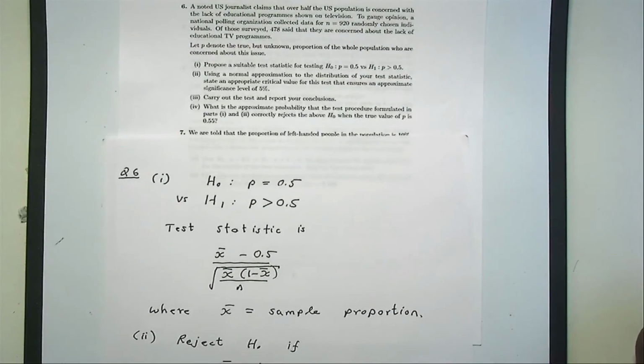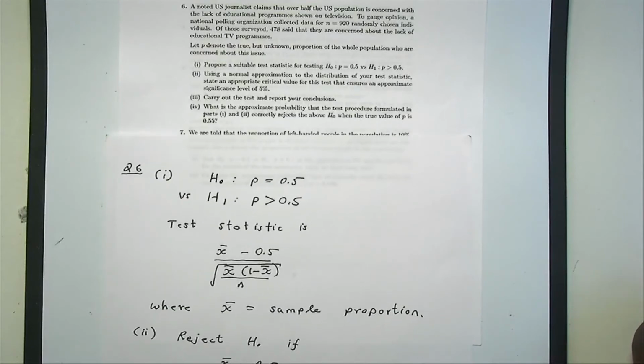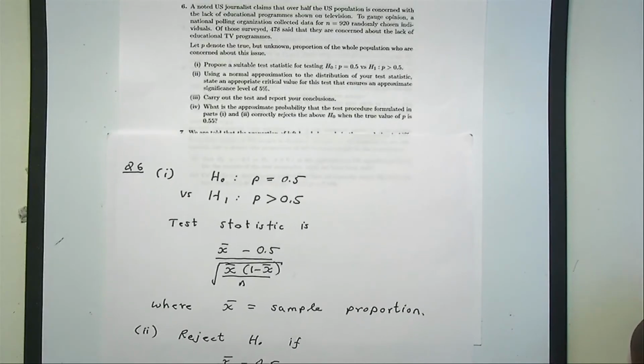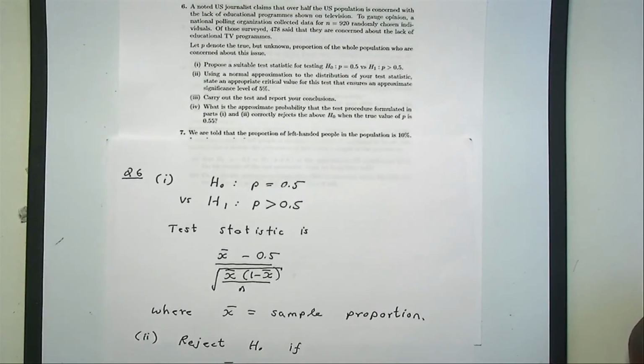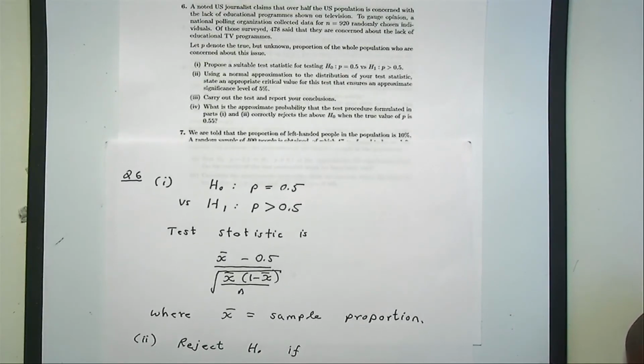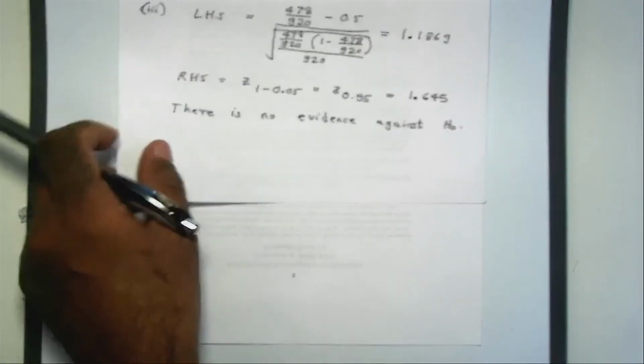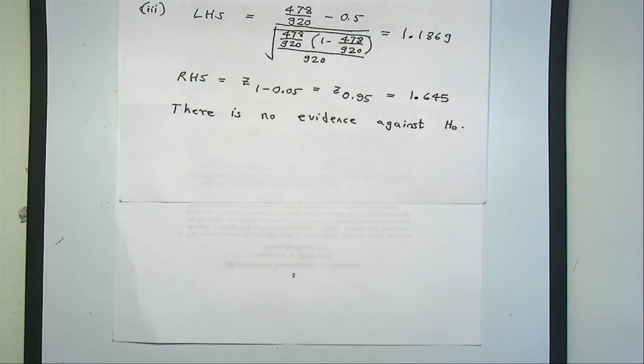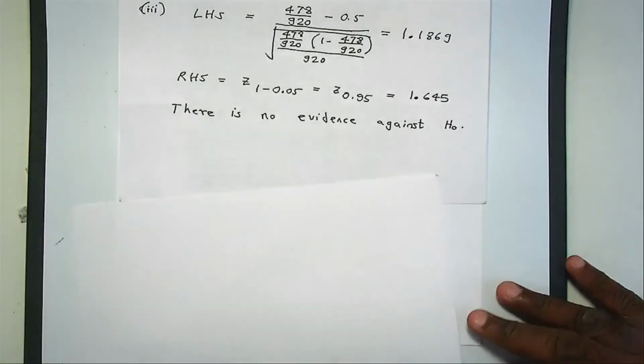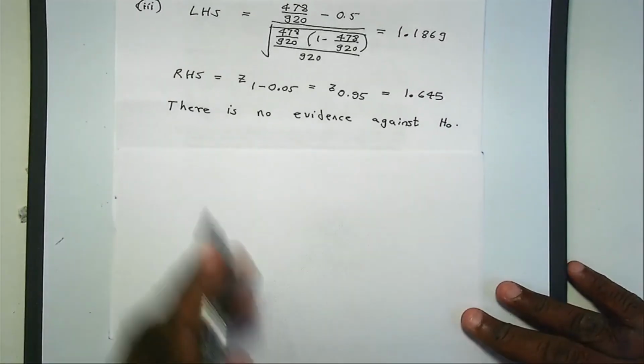Part 4 is what is the probability that the procedure in 1 and 2 correctly rejects H0 when the true value of p is 0.55. So let's see how we can do that. This is part 4.